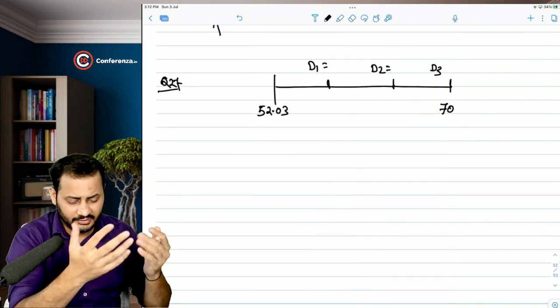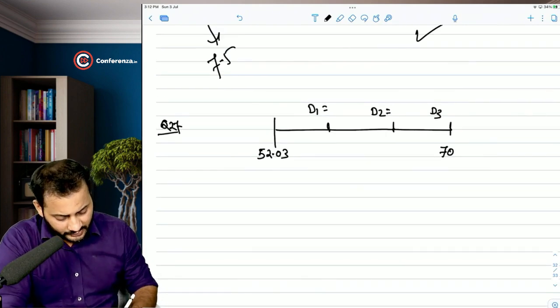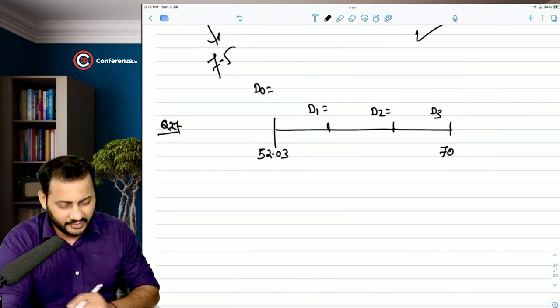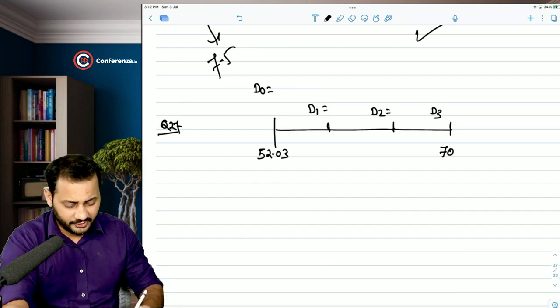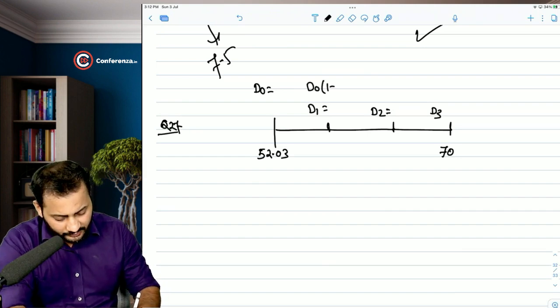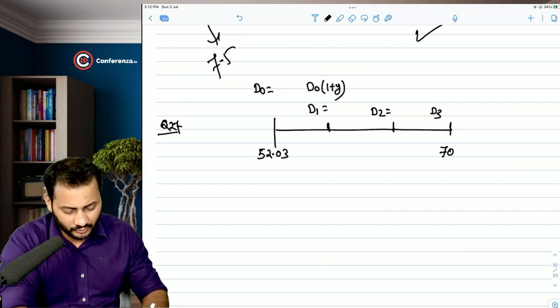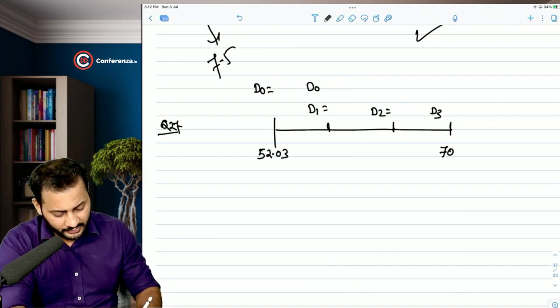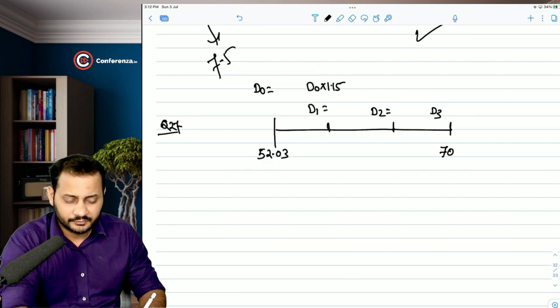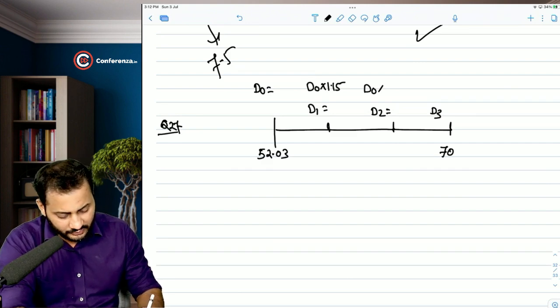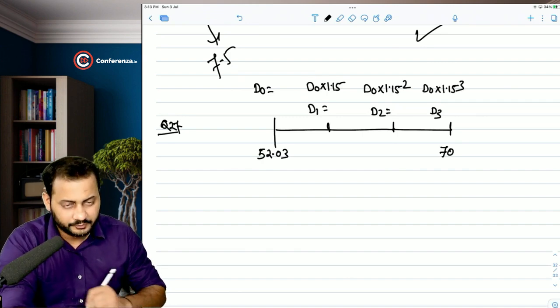So can I say it like this? If D0 is the base year dividend, the first year dividend will be D0 into (1 plus growth), or simply D0 into 1.15, then D0 into 1.15 square, then D0 into 1.15 cube.